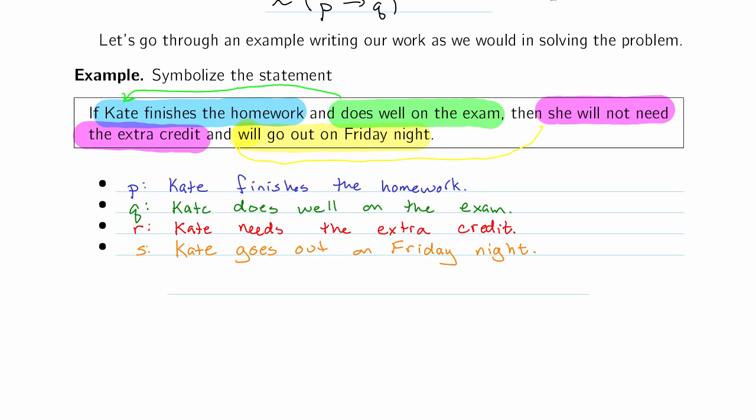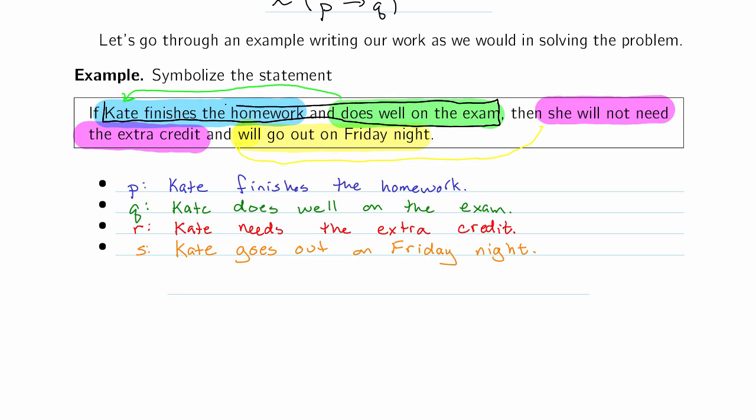Well, I mentioned those grammatical connections between the clauses as we were identifying the simple statements. Kate finishes the homework and Kate does well on the exam. That tells us that this part is a unit.